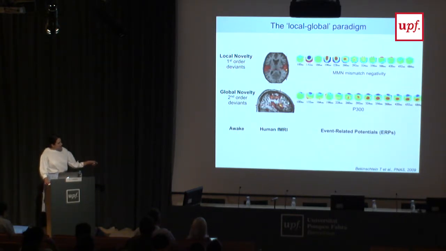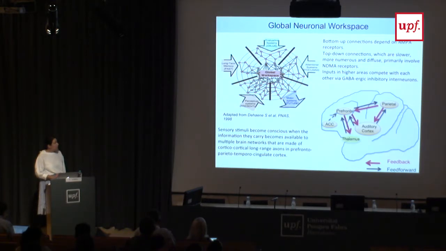Tristan Bekinschtein, Lionel Naccache, and Stanislas Dehaene, who did the study at the beginning, later also did studies in coma patients, and they could show that if you use this same paradigm in a patient in a vegetative state, he will not get this global activation of the brain at all. So it was a marker established, at least in humans, for the conscious perception of stimuli.